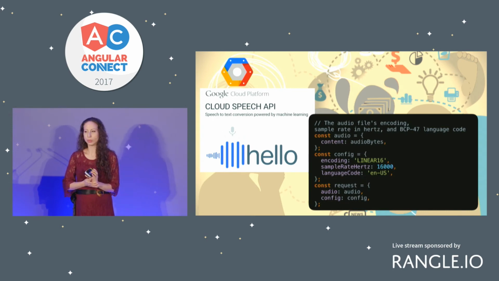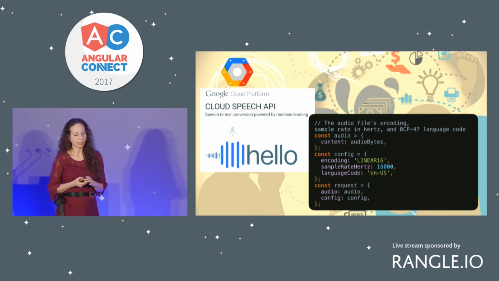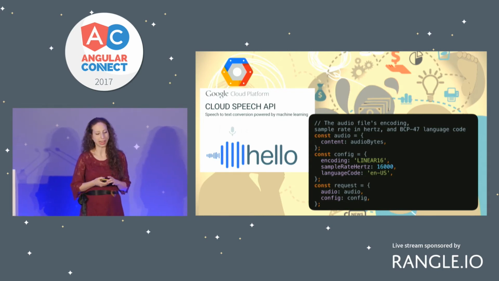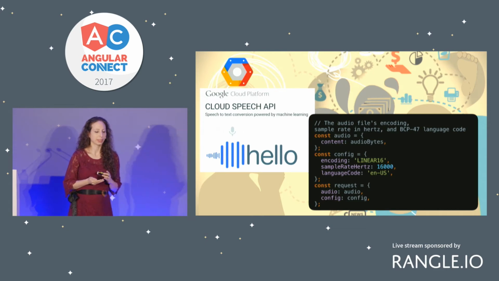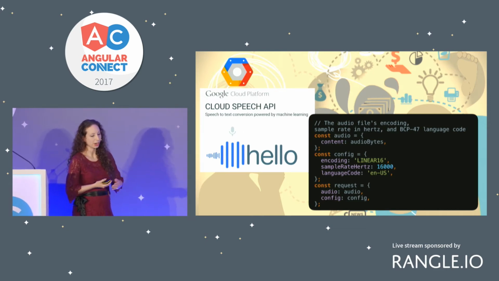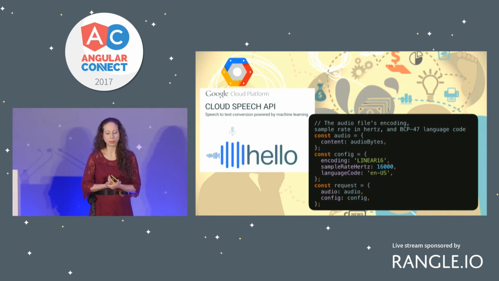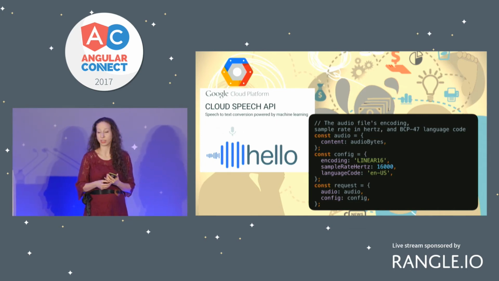Then we have this configuration object, which composes our request to the Google Speech API. You send the audio, and you send configuration such as encoding, the sample rate in hertz, and the language code.